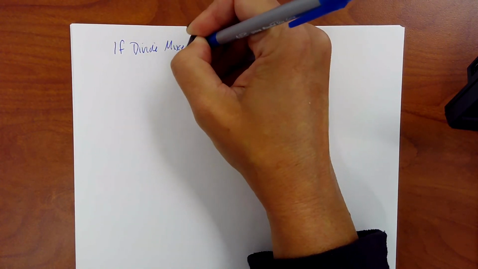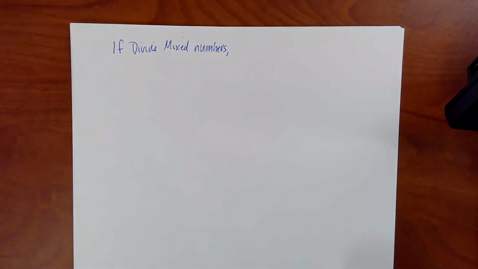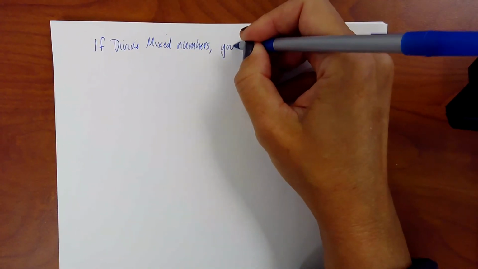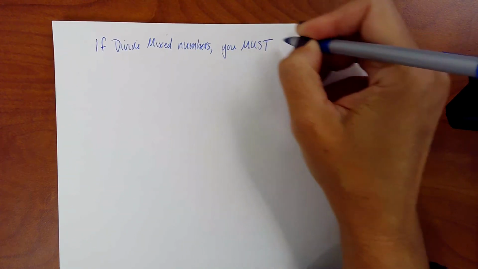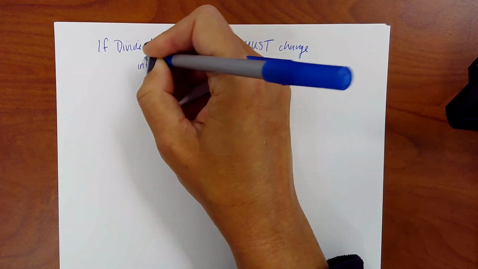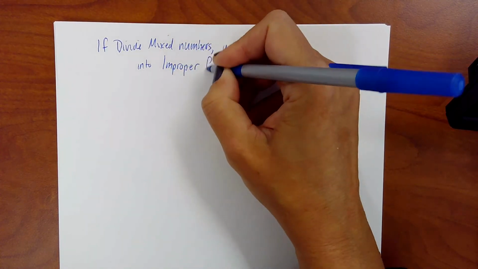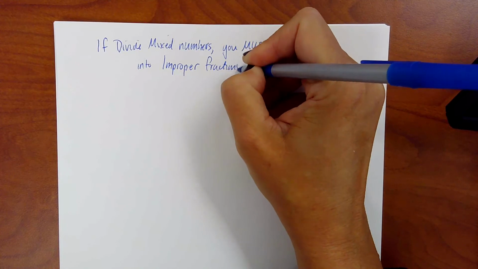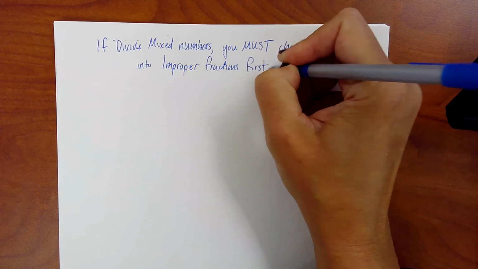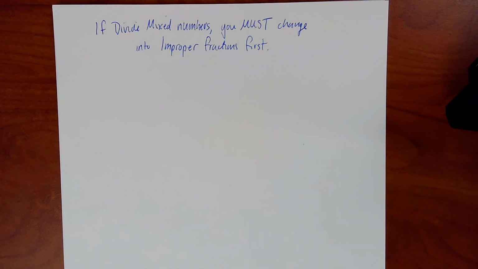All right, and then the last thing, probably can see it coming, but if you divide mixed numbers, same as with multiplying, you must change into improper fractions first. Okay, if you divide mixed numbers, you must change them into improper fractions first.